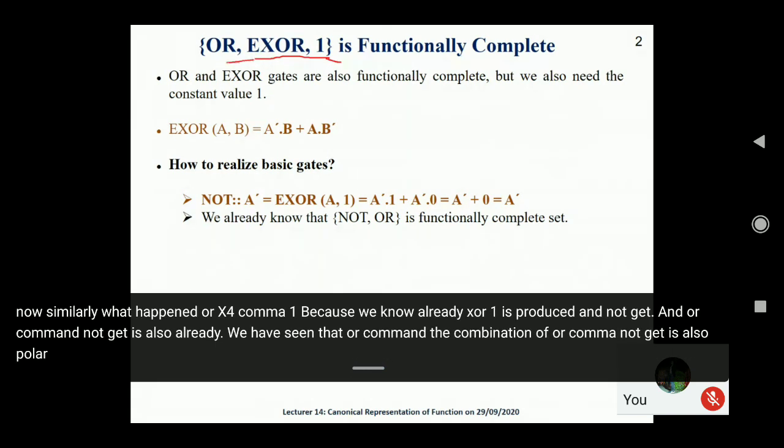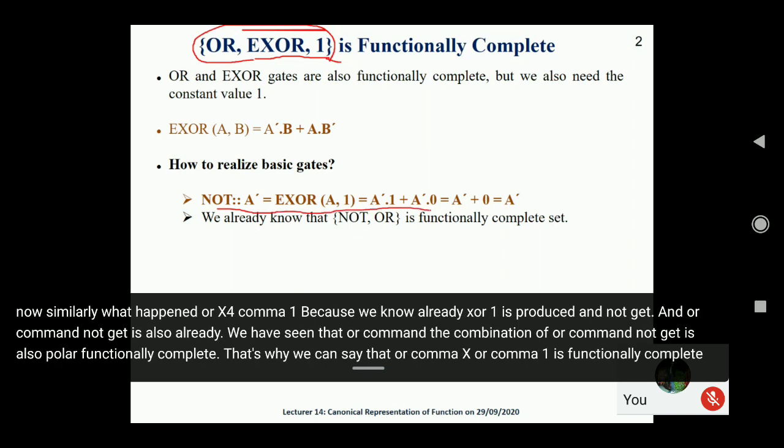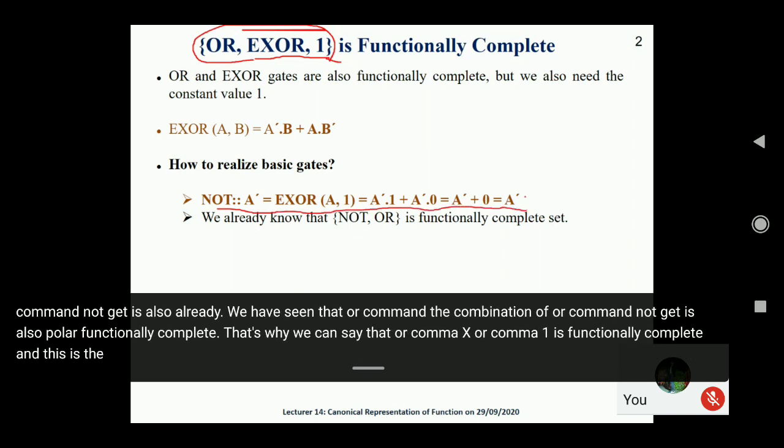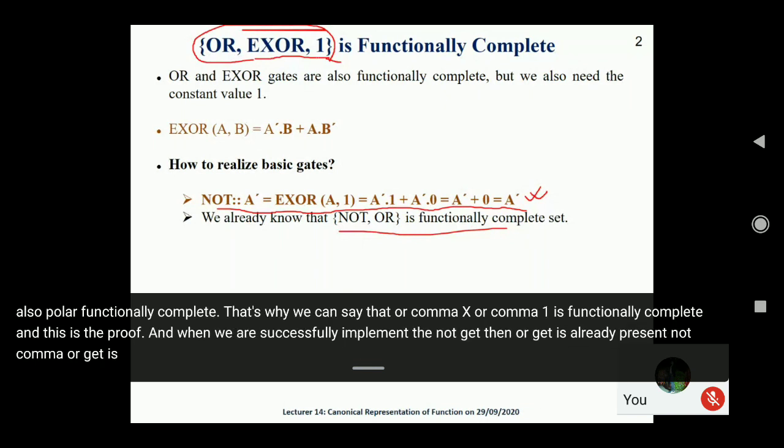That's why we can say that OR comma XOR comma 1 is functionally complete, and this is the proof. When we successfully implement the NOT gate, the OR gate is already present. NOT comma OR gate is already functionally complete. Hence we can say that OR comma XOR comma 1 is functionally complete.